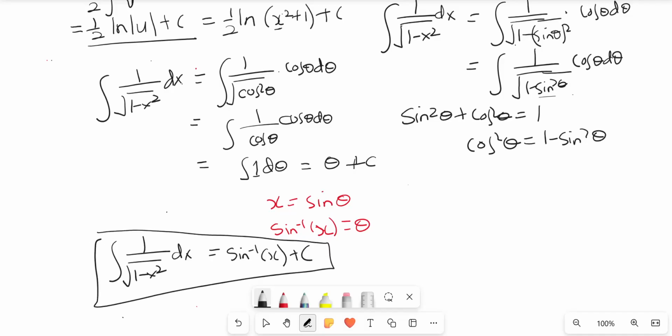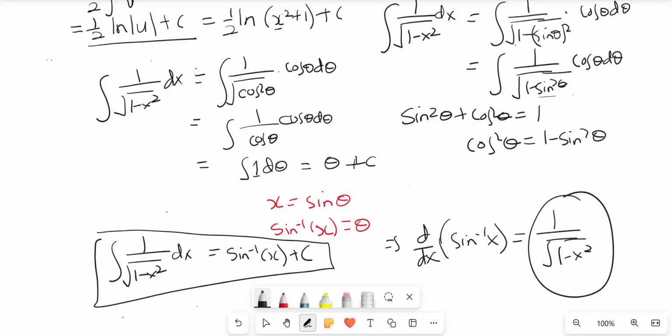Remember in my previous video where I proved the derivative of the sine inverse of x, we established that the derivative of sine inverse of x, or the arcsine of x, is equal to 1 all over the square root of 1 minus x squared. Taking the integral of this one, which is the antiderivative, we are getting back to the sine inverse of x. So that is how it works.